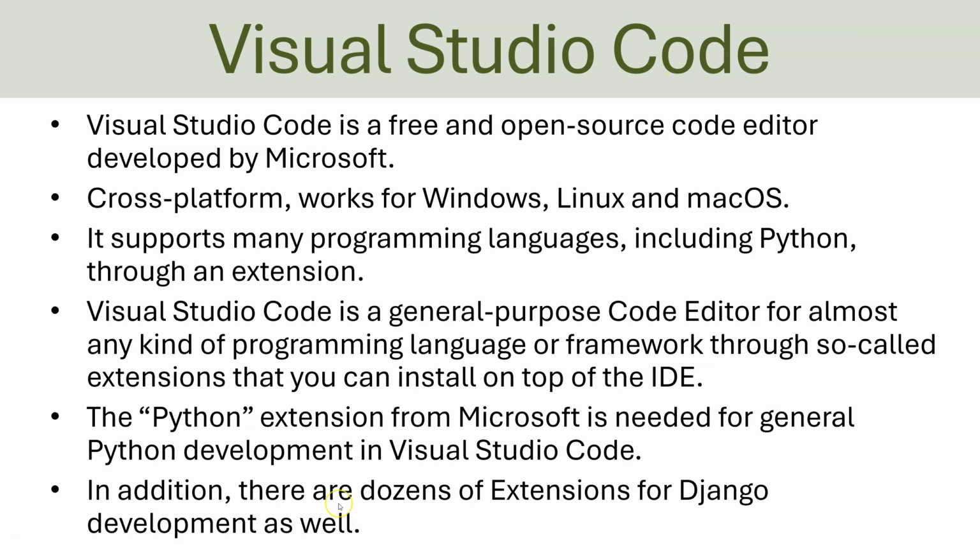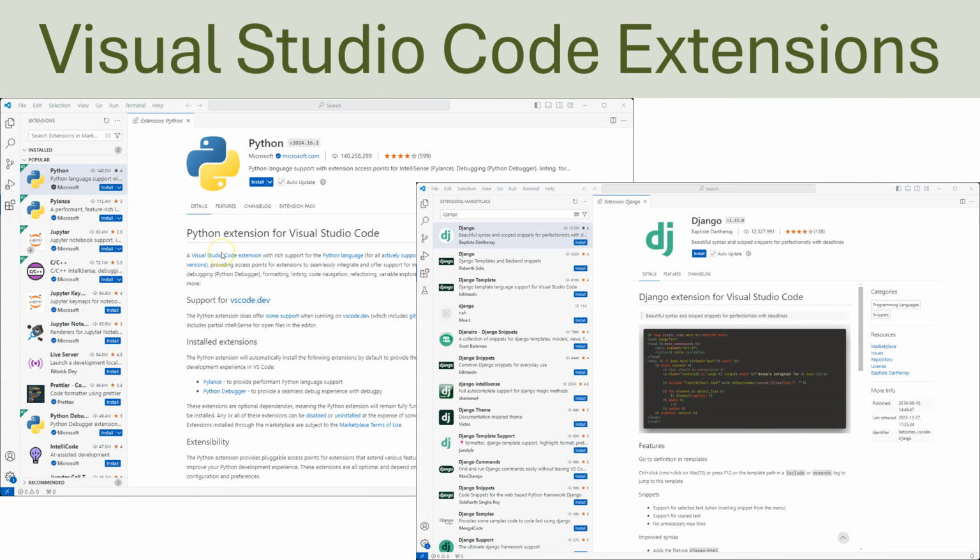And also in addition, there are many different extensions for Django development as well. So in general, Visual Studio Code is very flexible because you can install different types of extensions like this Python extension. And if you install this Python extension, you will get support for the Python programming language.